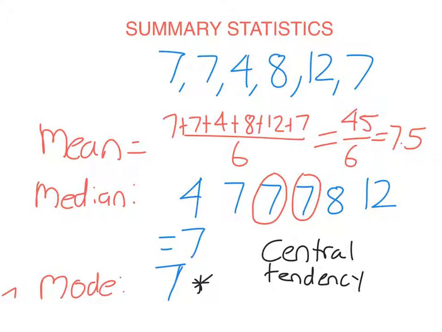We pretty much only use that if a question asks what was the most popular score or which score occurred the most. But the mean and median are useful under different circumstances, and we'll learn what those circumstances are next lesson. So they're the 3 measures of central tendency, and now we're going to look at the 3 measures of spread. So please pause and copy this down if you need.